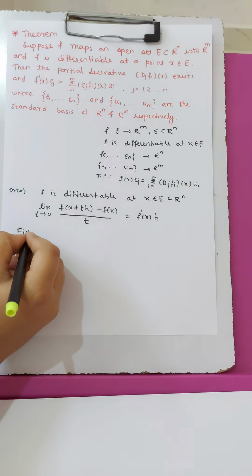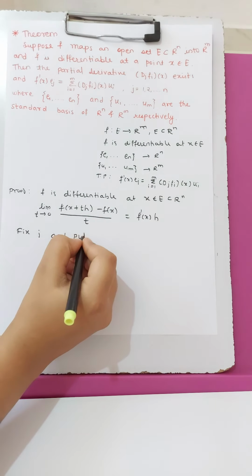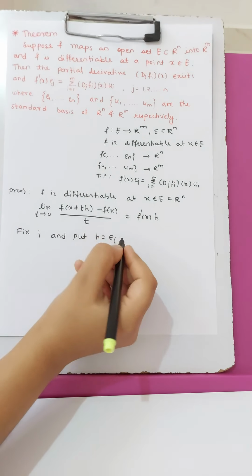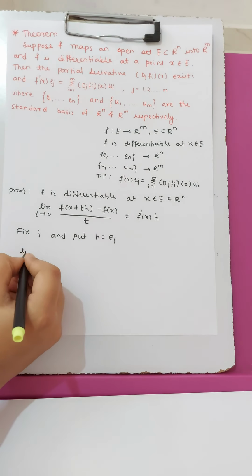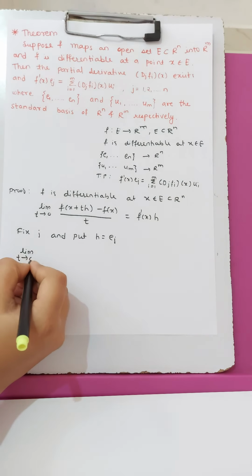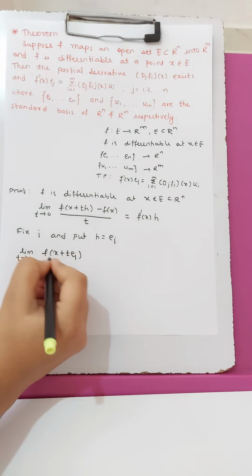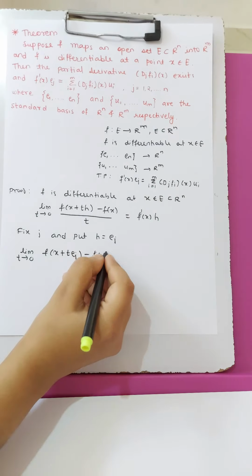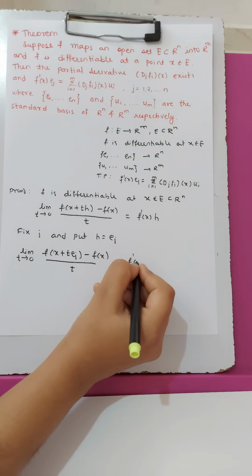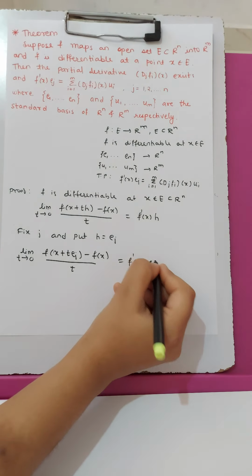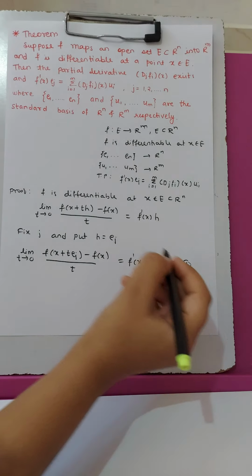Now we fix j and put h equals to ej. So therefore from this we get limit t tends to 0, f of x plus t ej minus f of x upon t equals f dash of x ej. Now let it be number 1.